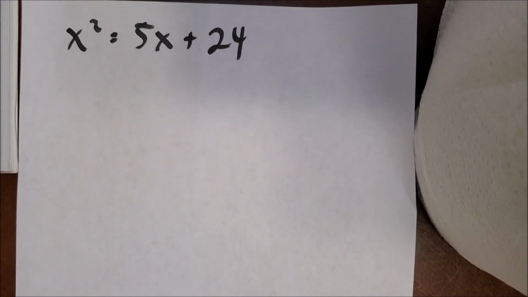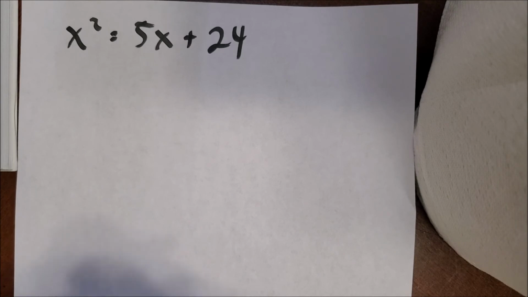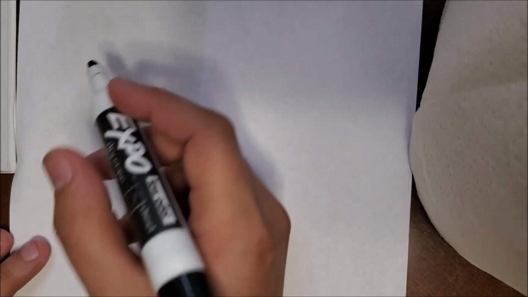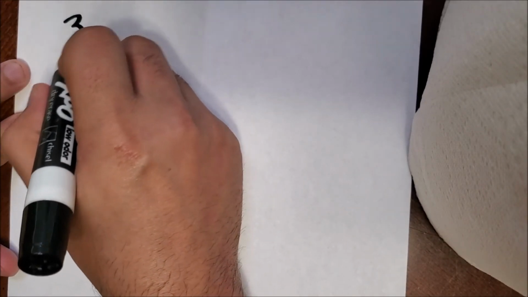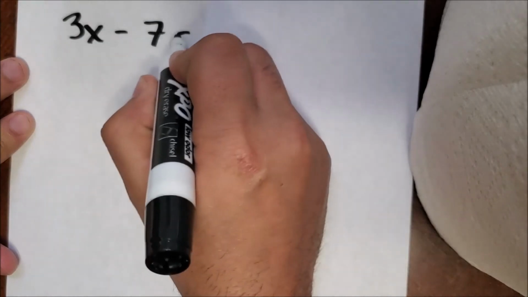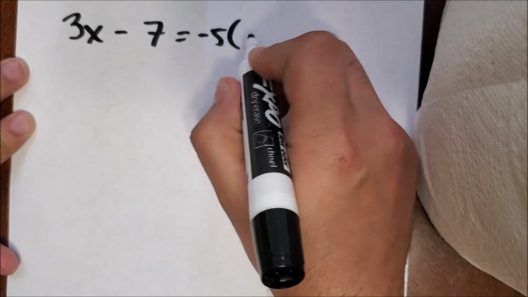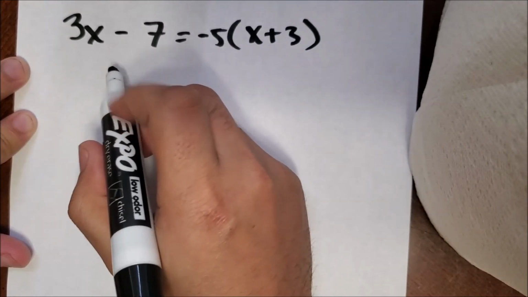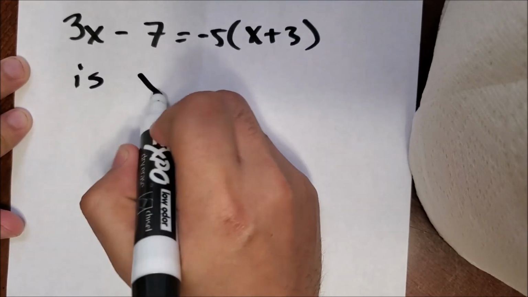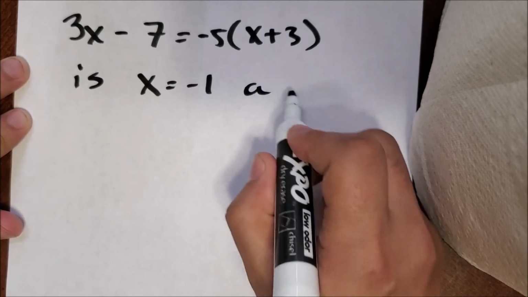So that's going to be it for verifying solutions for the lesson part. If you wanted to do any practice on your own, you can go ahead and practice with 3x minus 7 equals negative 5 times x plus 3, and check: is x equal negative 1 a solution?